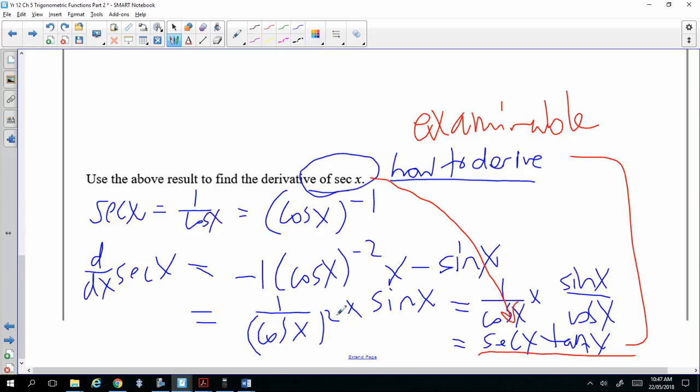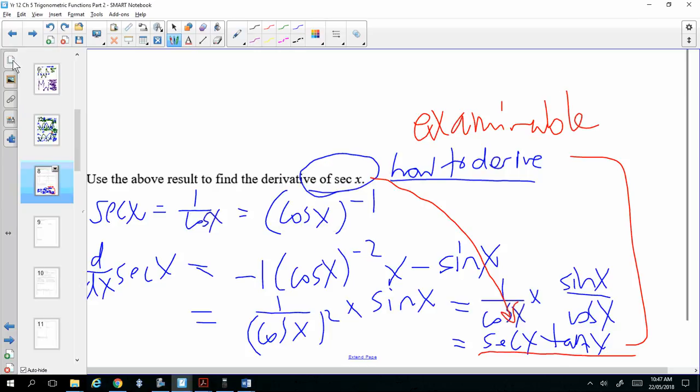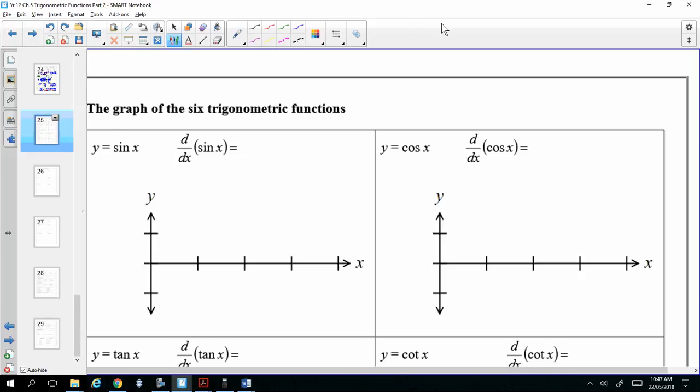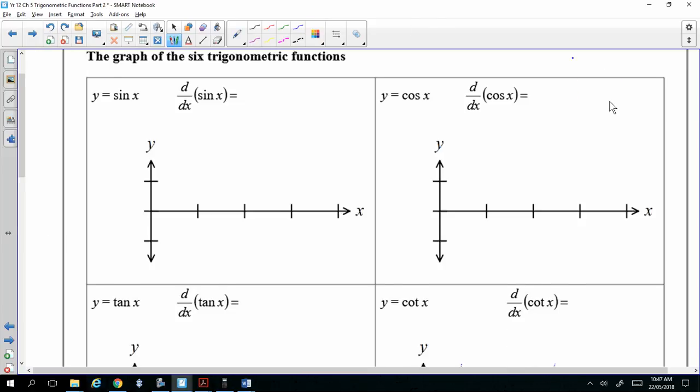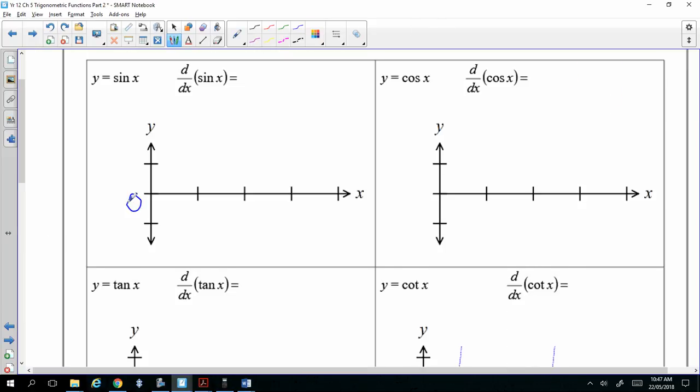Let's go back to the revision. We'll go back to page 25. Okay, all the graphs should be known. Let's look at the graph again. Sine x. So 0, pi on 2, pi, 3 pi on 2, 2 pi. Label this for each question.